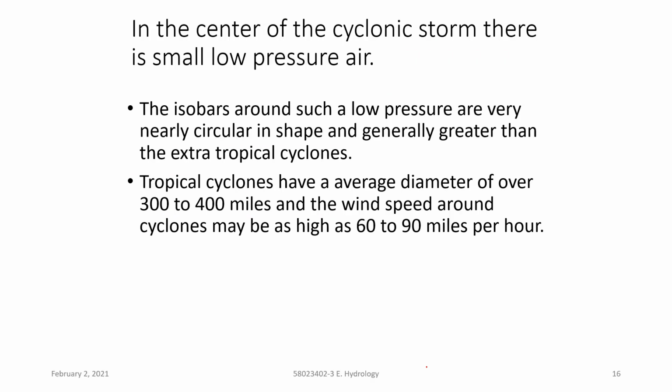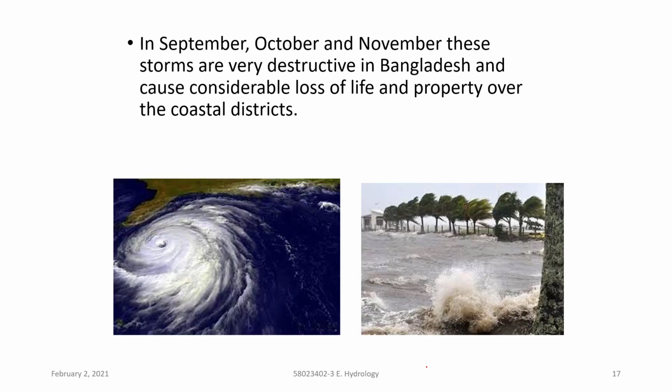In the center of the cyclonic storm, there is a small area of low pressure. The isobars around such a low pressure are very nearly circular in shape and generally greater than in the extratropical cyclones. Tropical cyclones have an average diameter of over 300 to 400 miles, and the wind speed around cyclones may be as high as 60 to 90 miles per hour.